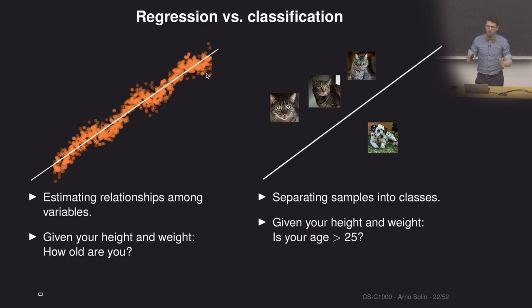But classification applies to all types of data sets. So basically, I could formulate a model that, given how tall you are and how heavy you are, predicts whether your age is over 25 years old. That would be a binary classification model.